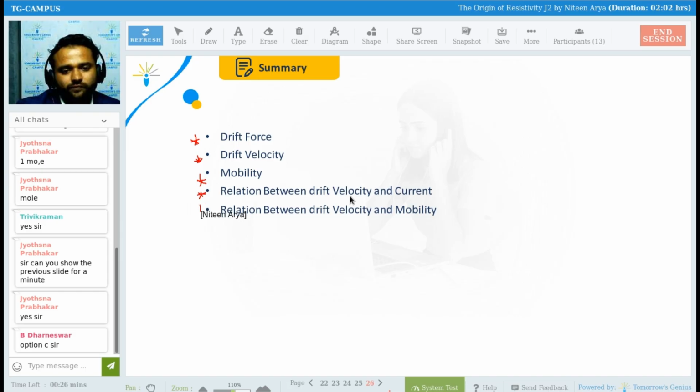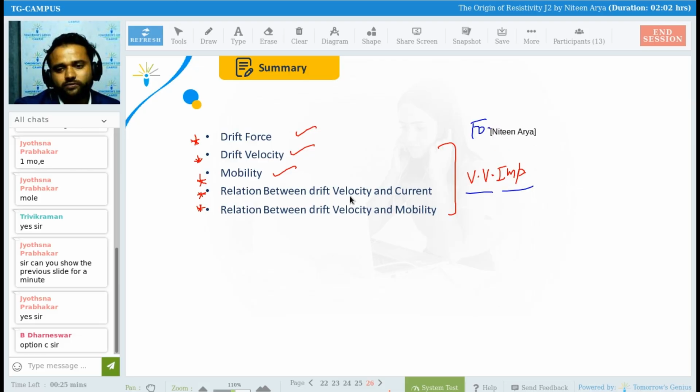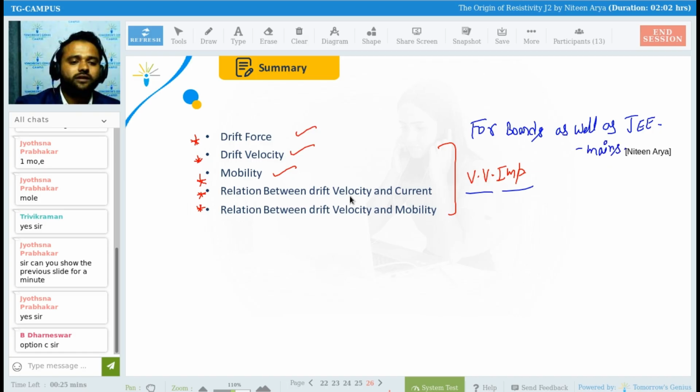The major important things we covered in this class are drift force, drift velocity, mobility, and current density J. These four are very, very important, not only for boards but for both things. Is this clear, everyone?